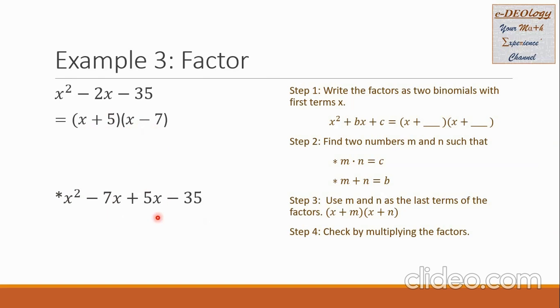So we're going to combine the two terms in the middle, the negative 7x and the 5x. We will have a negative 2x. So our final answer here is x squared minus 2x minus 35. And the answer is the same as our original trinomial on top. It means the binomials x plus 5 times x minus 7 are correct and considered to be our final answer.